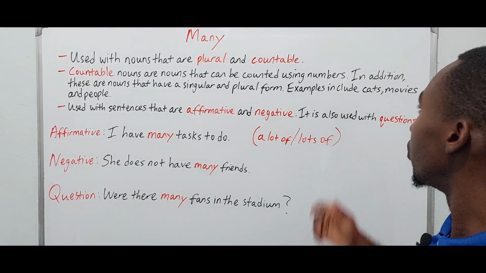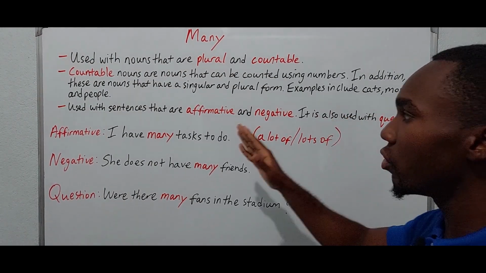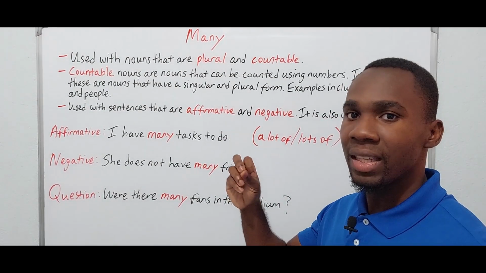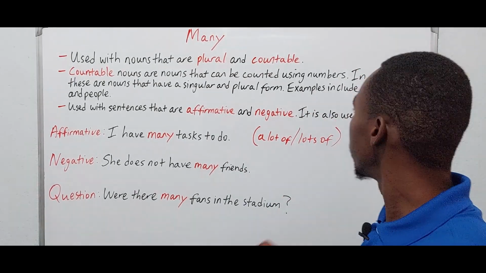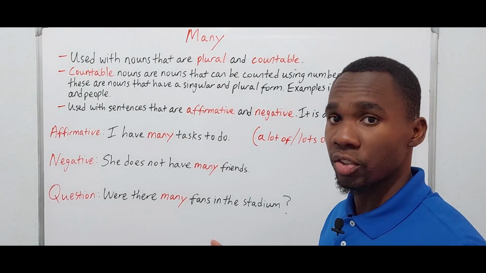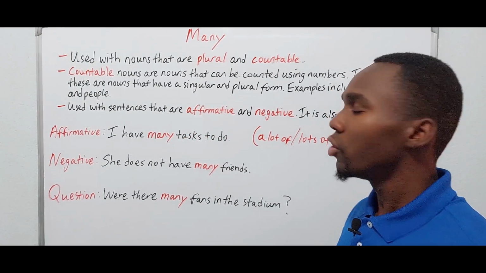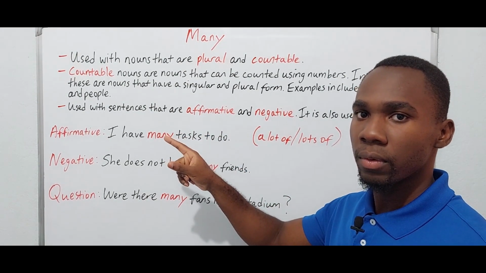So examples include cats, movies, and people. So of course these are plural, but if we wanted to make these singular, we would say a cat, a movie, and a person, right? So these nouns here can be made singular, right?